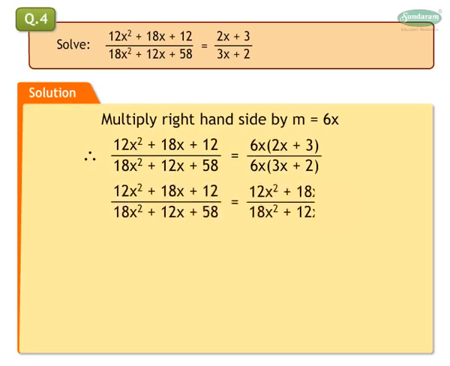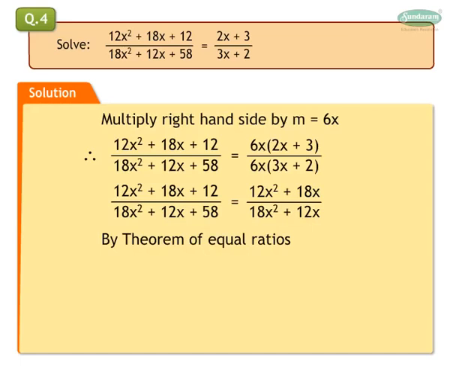Hence, (12x² + 18x + 12)/(18x² + 12x + 58) is equal to (12x² + 18x)/(18x² + 12x). Now students, we took m as 6x to get our numerator as 12x² + 18x and denominator as 18x² + 12x, so that we can simplify by using the theorem of equal ratios, since 12x² and 18x will cancel out.